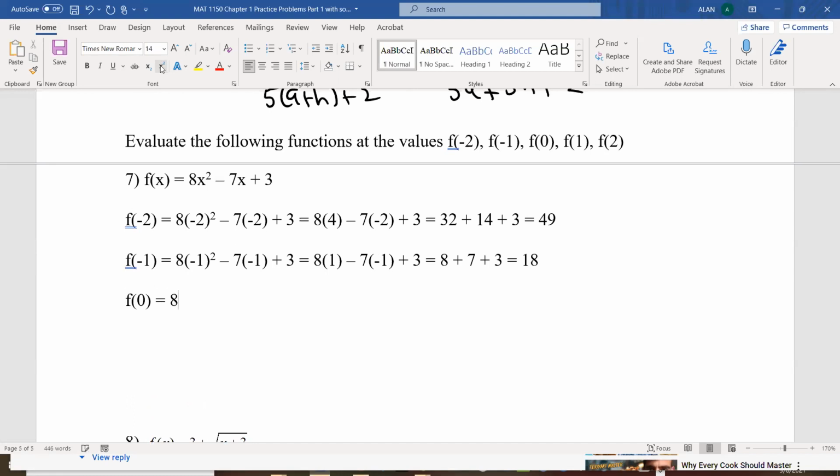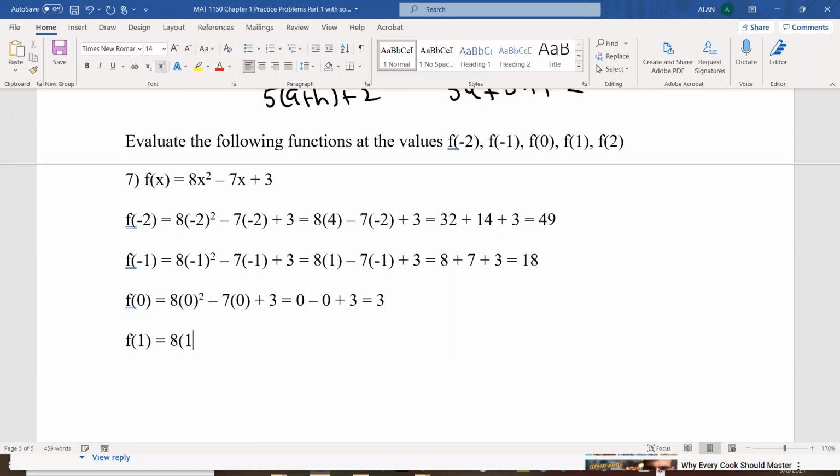Now 0, this is easy. It's always easy with zeros. I like zeros. Okay. All right, 1.